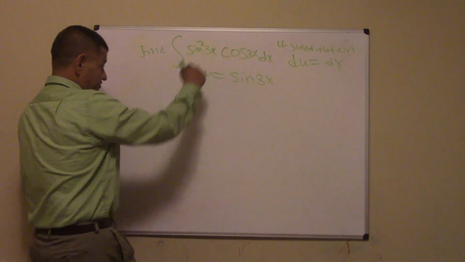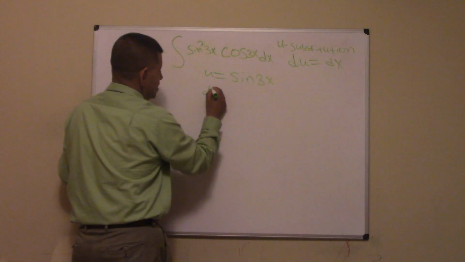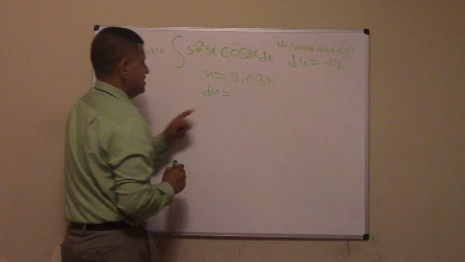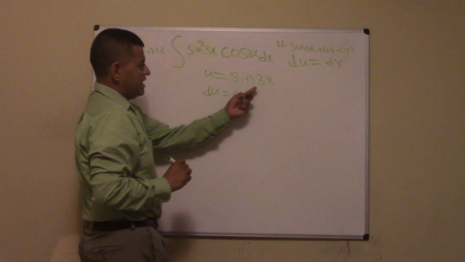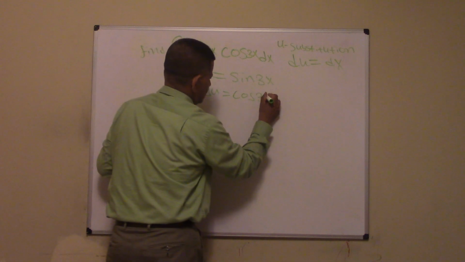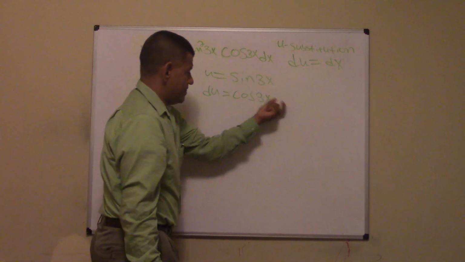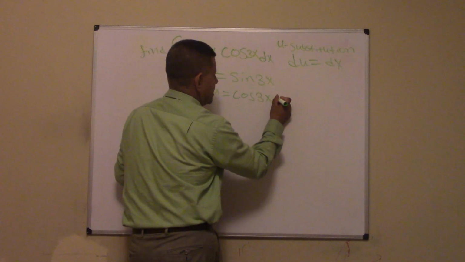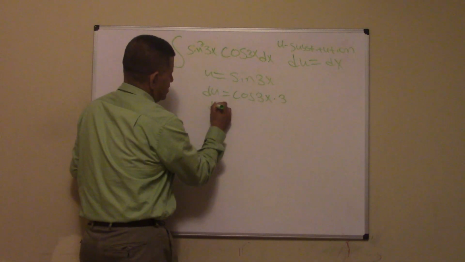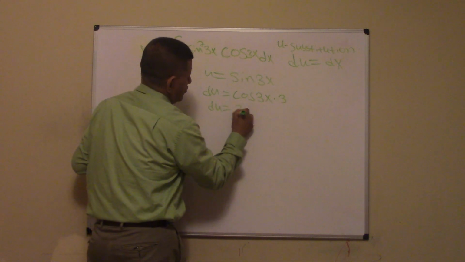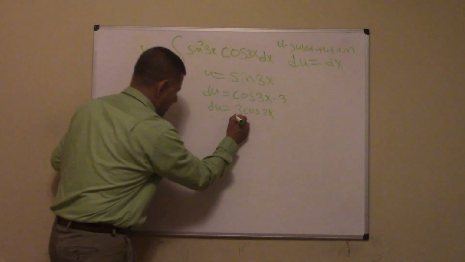So we take the derivative of this with respect to u, right? So du is equal to the derivative of sine, which is cosine. Then we keep the 3x. Using the chain rule, we take the derivative of the 3x, which is simply 3. Then we can rewrite this: du is equal to 3 cosine 3x dx.